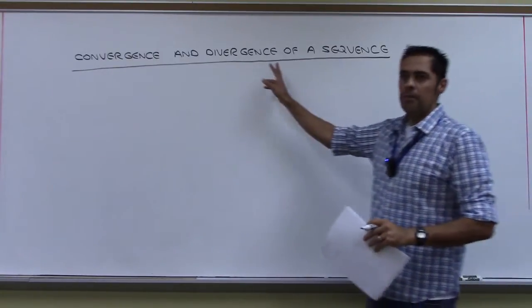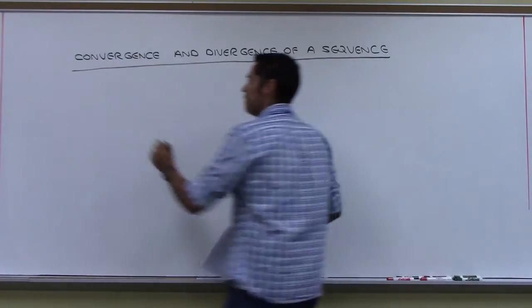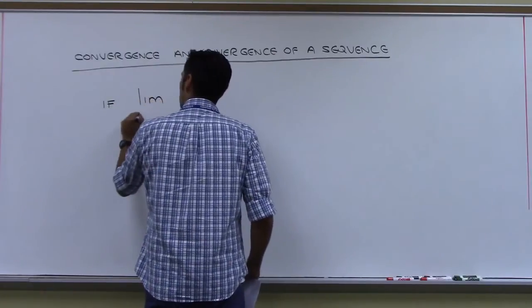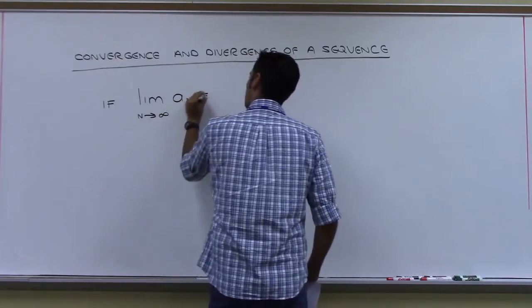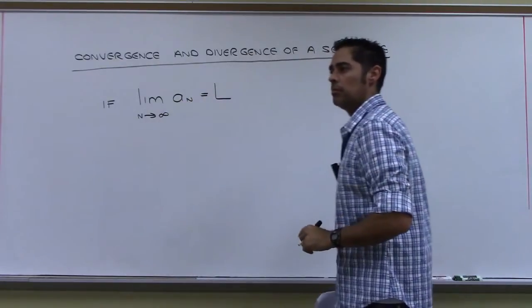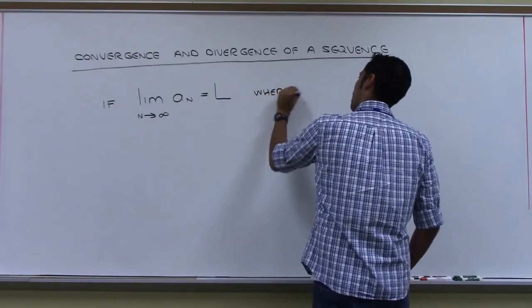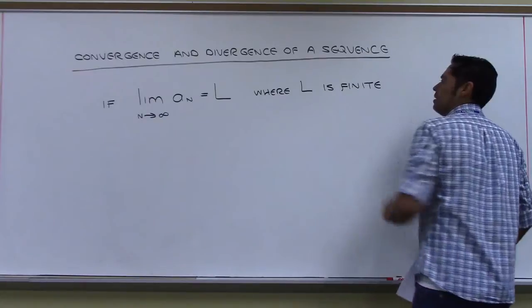So these are two different concepts, convergence and divergence. If the limit as n goes to infinity of a sequence equals L, where L is finite. What do we mean by finite?